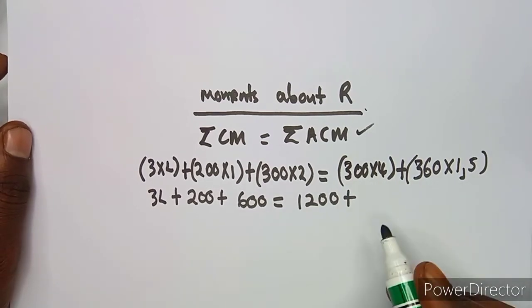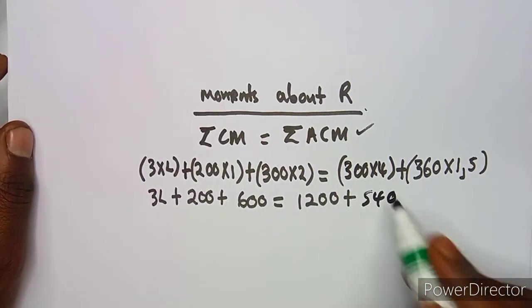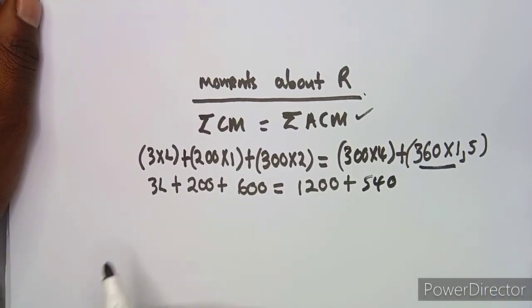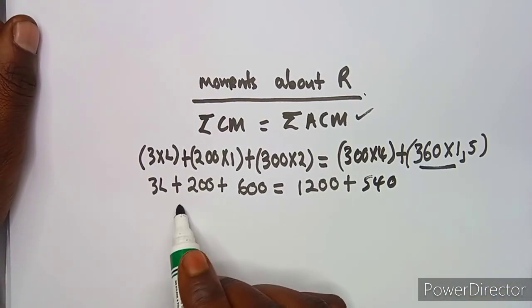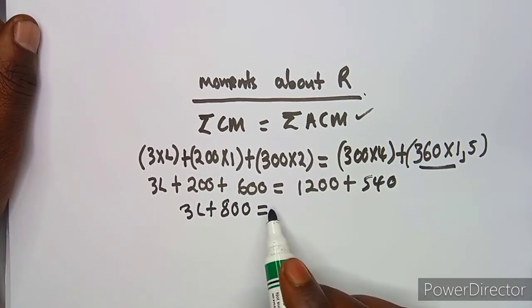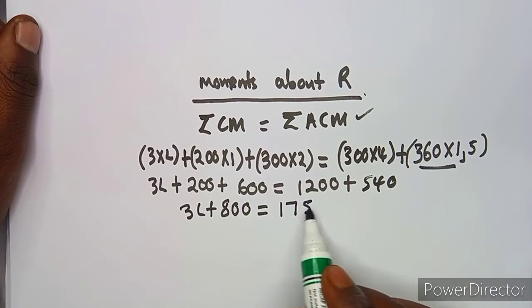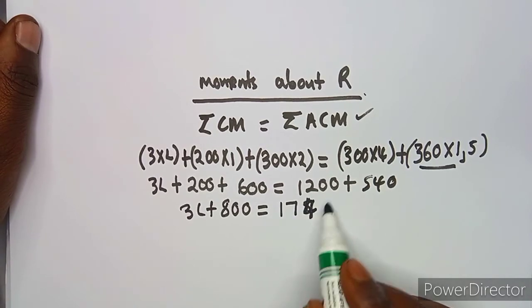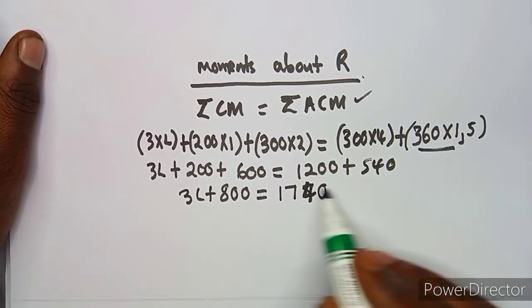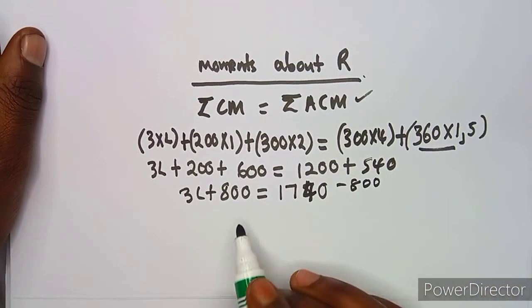Okay, so this is actually 540 here. All right, so if you combine these, which is going to give you 800, it's 3L plus 800, which is going to give us 1740. So transpose 800 is going to be minus 800 here.